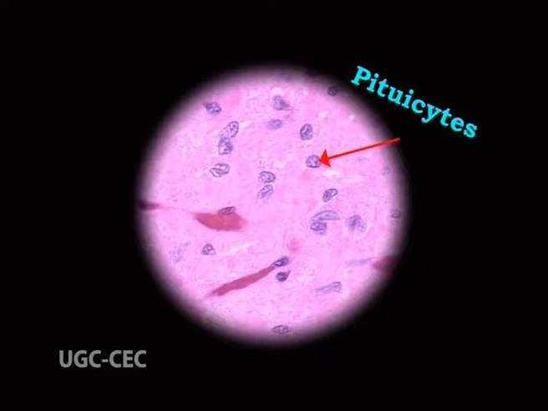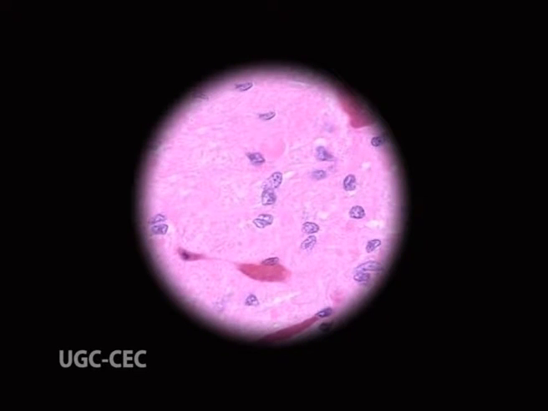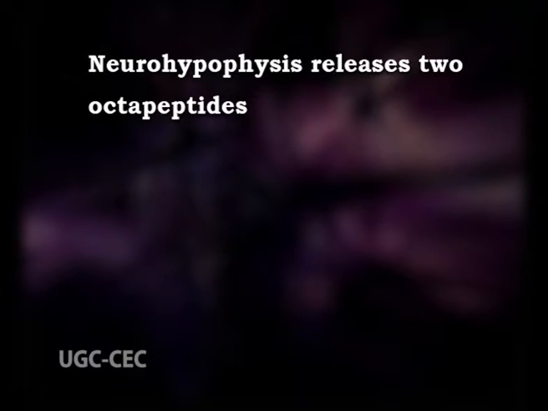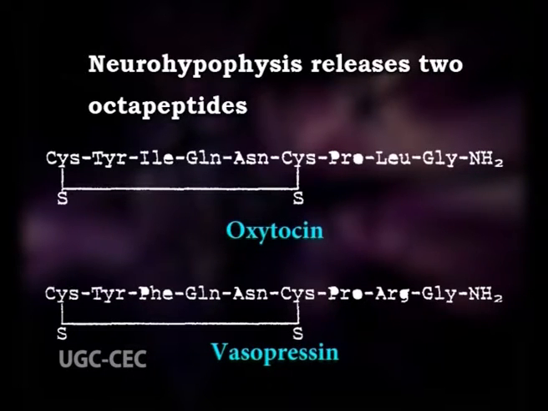They are astroglia related cells that can be stained with glial fibrillary acidic protein, also called GFAP. Among the nerve fibers can be seen oval shaped, poorly stained structures called Herring bodies, which store hormone filled vesicles. Neurohypophysis releases two octapeptides called oxytocin and vasopressin, that is antidiuretic hormone.